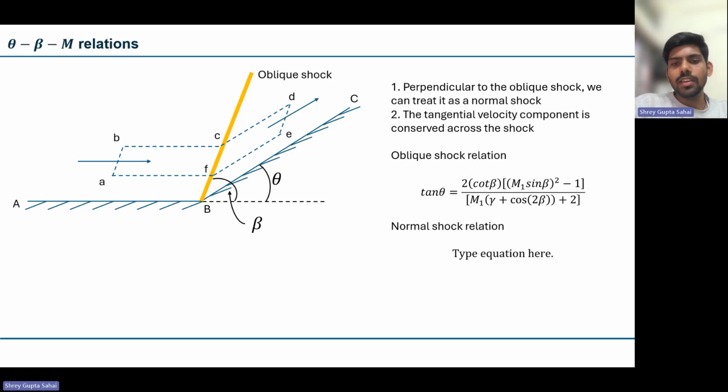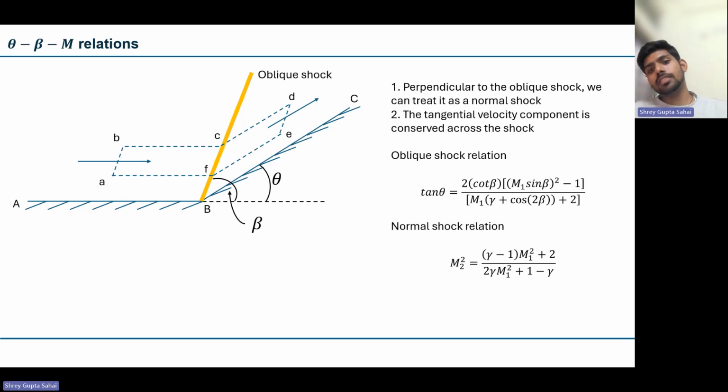So with that, you have M2 square equals gamma minus 1 M1 square plus 2, over 2 gamma M1 square plus 1 minus gamma. So this is another relation that we're going to use today.